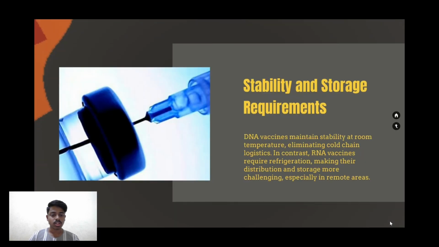Stability and storage requirements. DNA vaccines maintain stability at room temperature. They can be stored at room temperature, eliminating cold chain logistics. But RNA vaccines require refrigeration, making their distribution and storage more challenging, especially in remote areas.